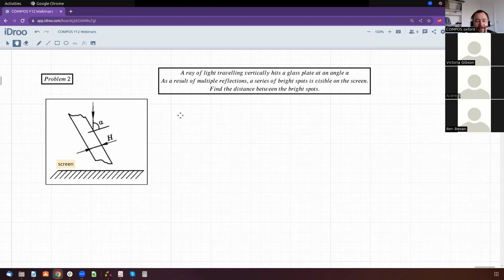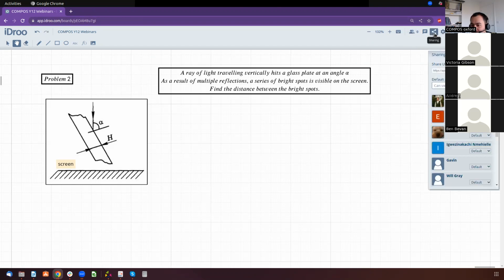Can somebody help me with that? Why would there be multiple? How do you understand the multiple bright spots? Does anyone want to join and actually draw them?